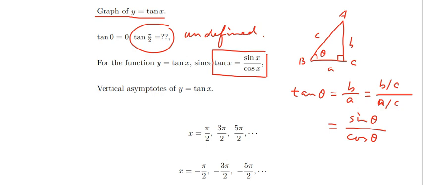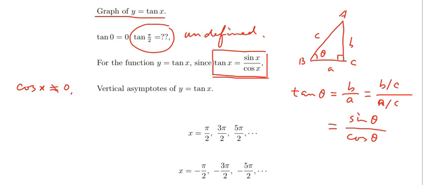So we can regard this function as a rational function. We have a denominator, and there is a basic requirement: the denominator cannot be 0, right?